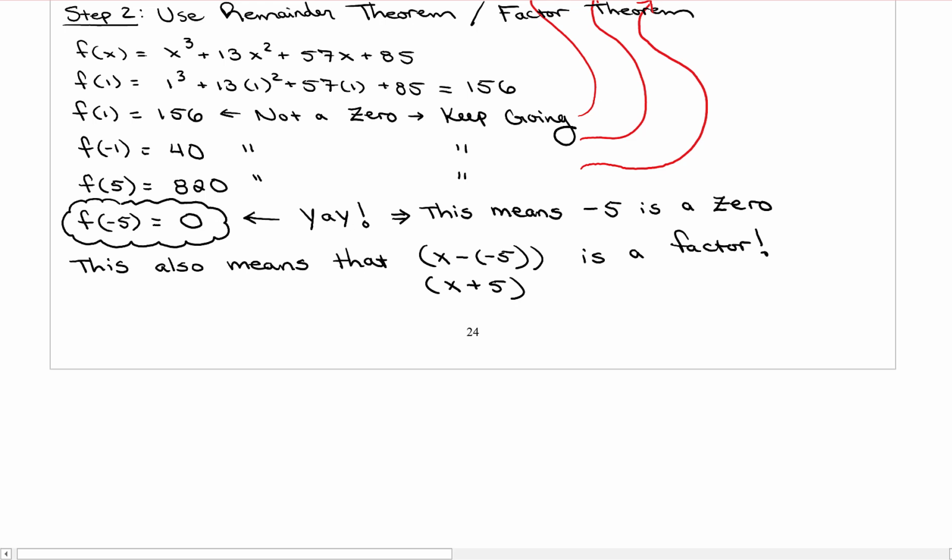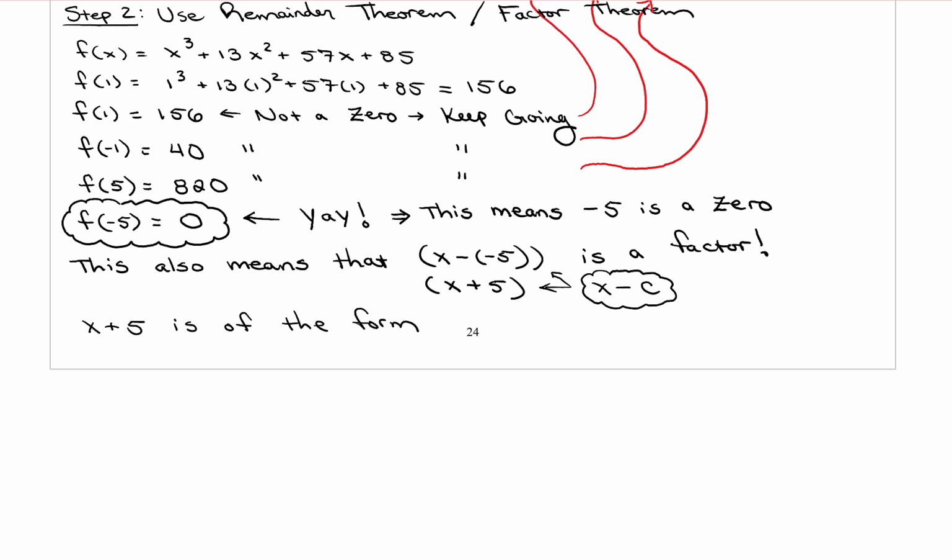So now that we found that x plus 5 is a factor, now what? X plus 5 is of the form x minus c, because we can write it as x minus a negative 5. Therefore, my c is negative 5.